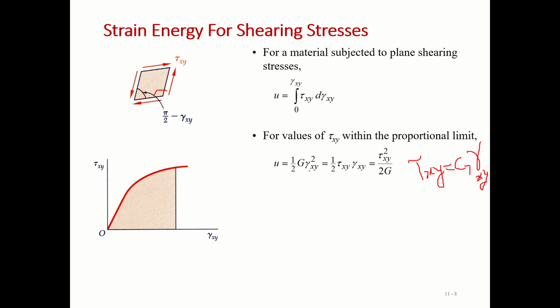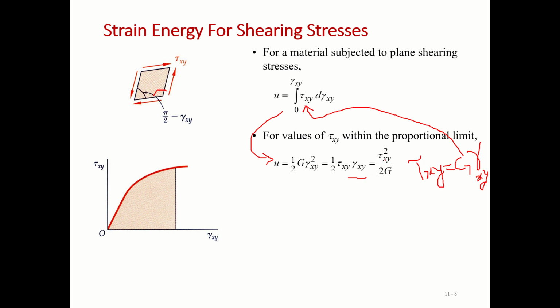So 1 over 2G, replacing this into this, we will get like this. So 1 over 2 tau gamma xy, and then again replacing the gamma with the shear stress.